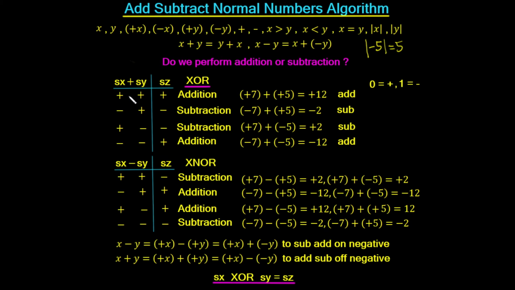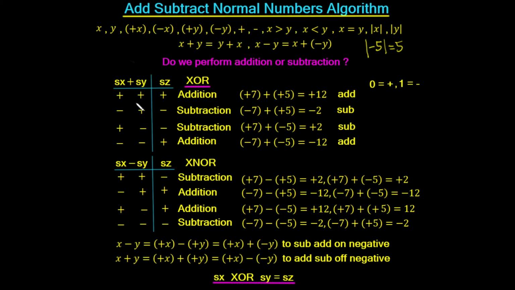So let's say, for example, we want to add the values of x and y. Now Sx just stands for the sign of x and Sy stands for the sign of y. So let's say we want to add together two positive numbers. We could also add together a negative and a positive, or we could add together a positive and negative, or we could add together a negative and a negative.